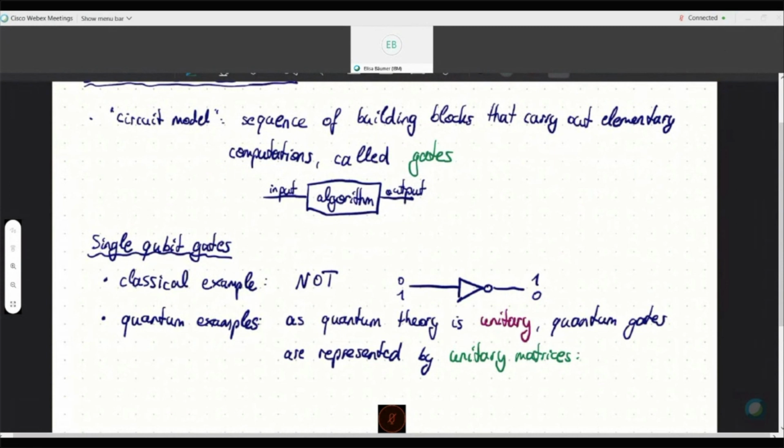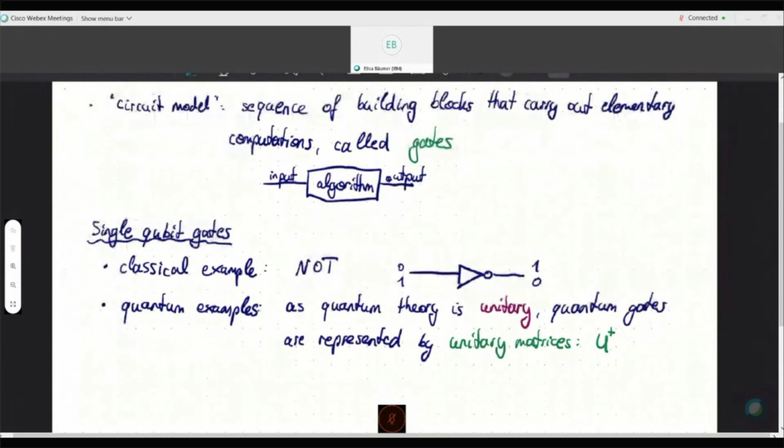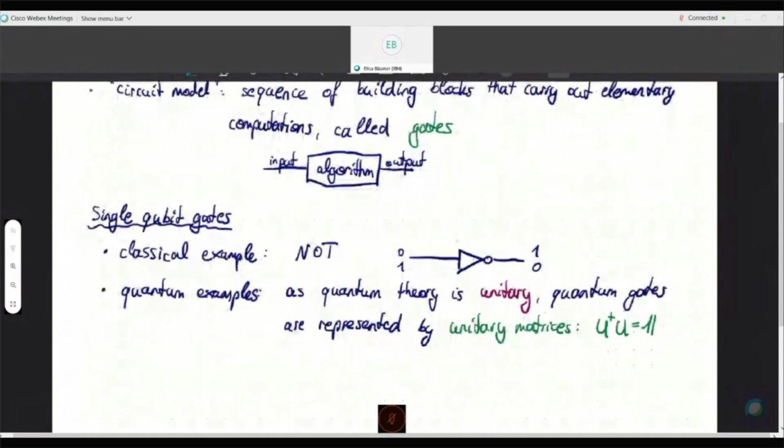For those of you who are maybe not too familiar with linear algebra, a matrix is unitary if U dagger, and dagger refers to the transposed and complex conjugated version of the matrix, times U equals the identity matrix, which I write with this 1. The identity matrix is the matrix where we have just ones on the diagonal and zeros everywhere else.